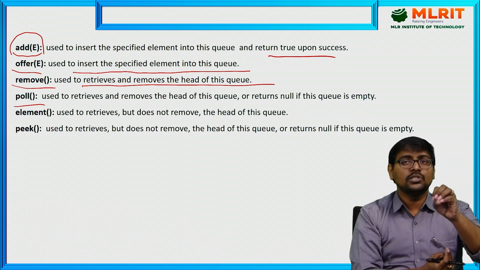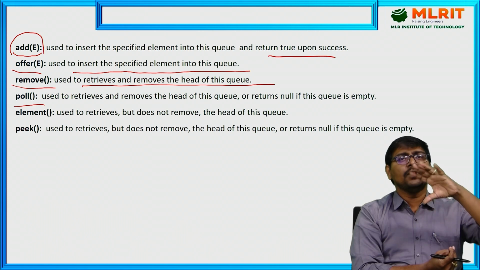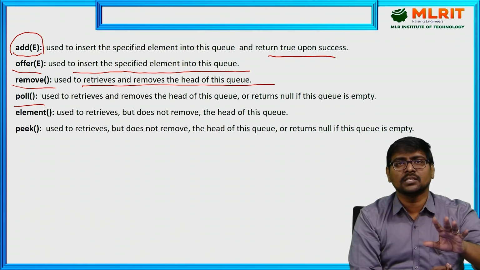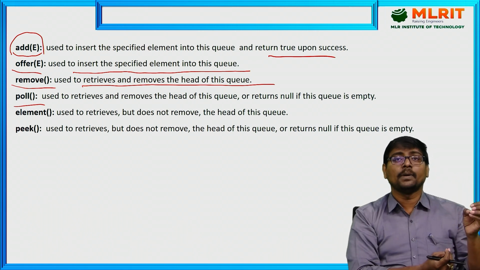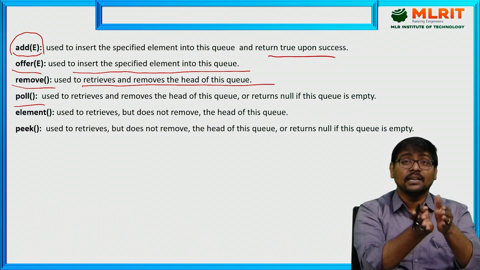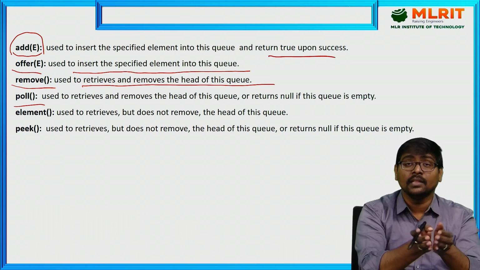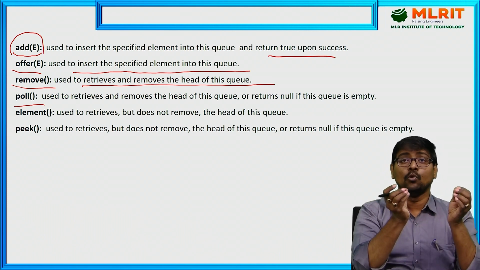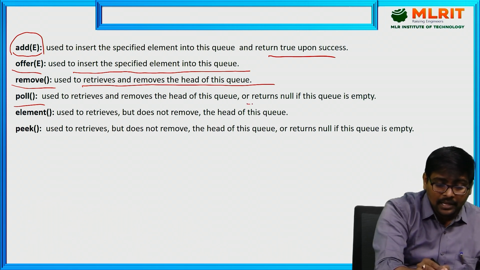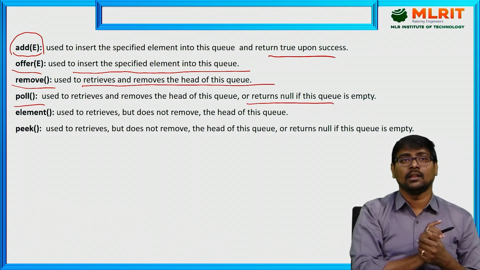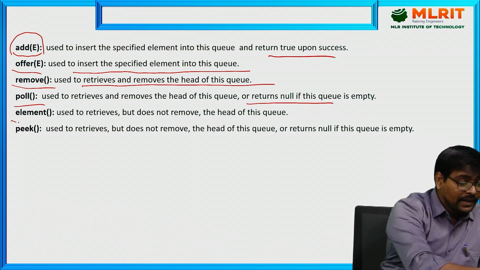In remove, it just removes the element; if the element is not available, it throws an exception. In the poll operation, if the queue is empty and there is no element for removal, the poll operation returns null.